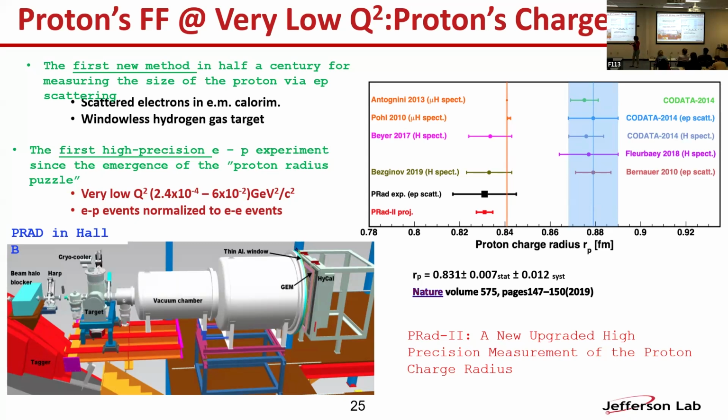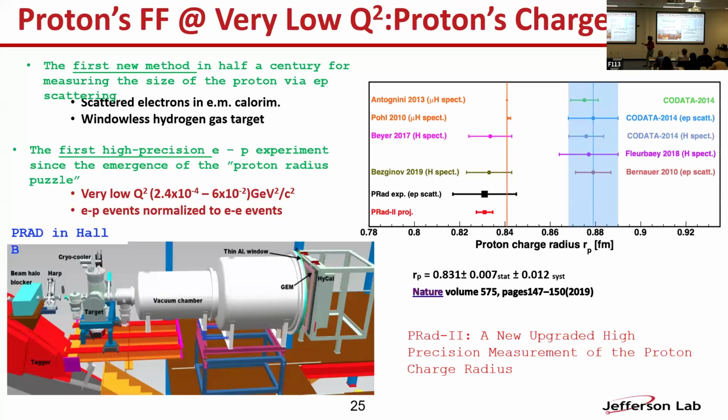We used a different target: in order to avoid multiple scattering, a windowless gas target. And we went to a very low Q square, 10 to the minus 4. We also normalized our measurement with Moller scattering, for which we can calculate exactly the cross section.